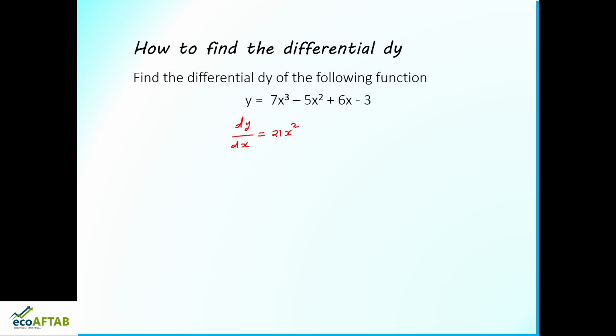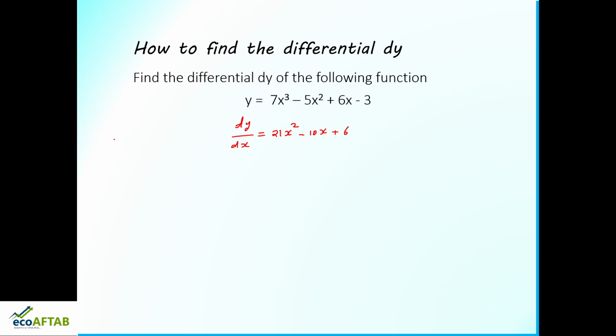So we are having 21x square. Similarly 2 into 5, 10, x raised to 2 minus 1, that is x. Plus 1 into 6, 6, x raised to 1 minus 1, so x raised to 0 is always 1. So 6 into 1 is 6, and the constant becomes 0. So this is our derivative.